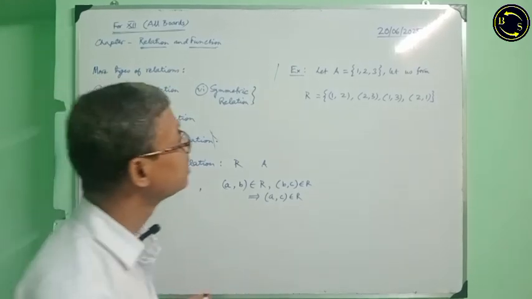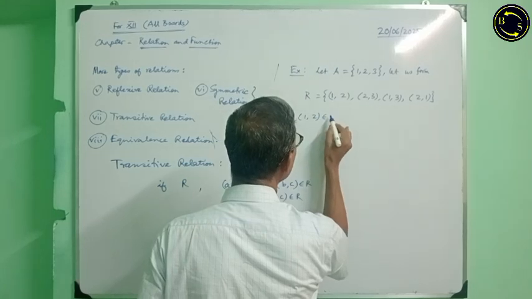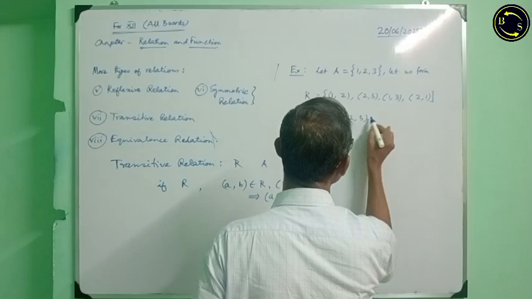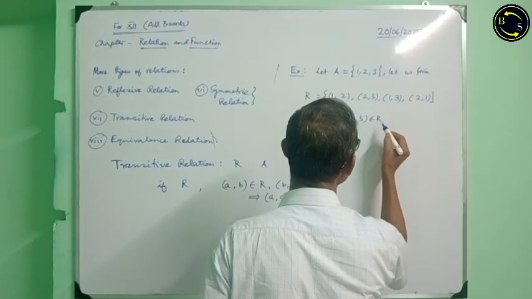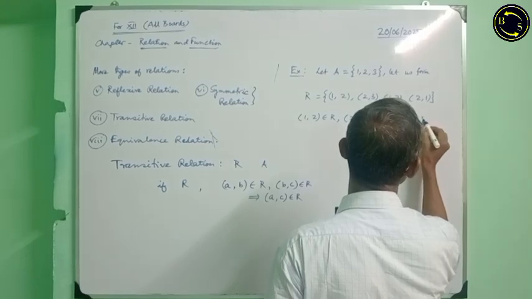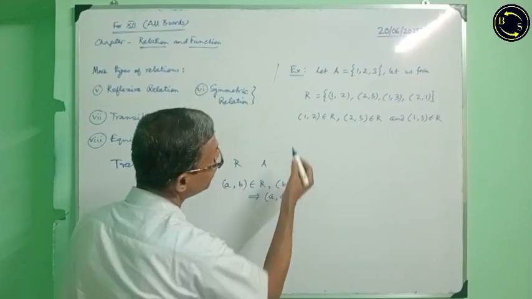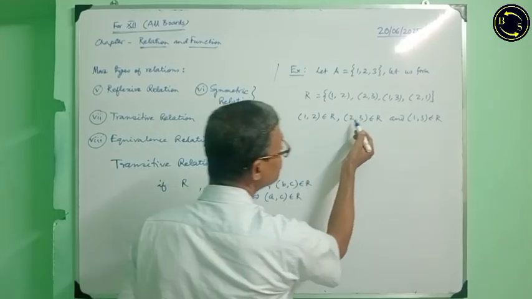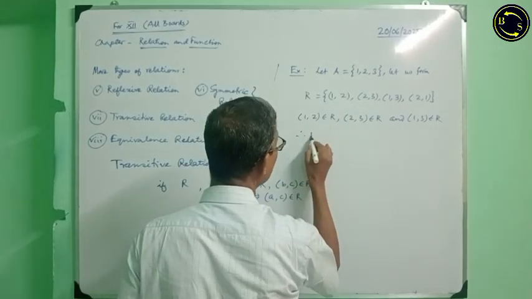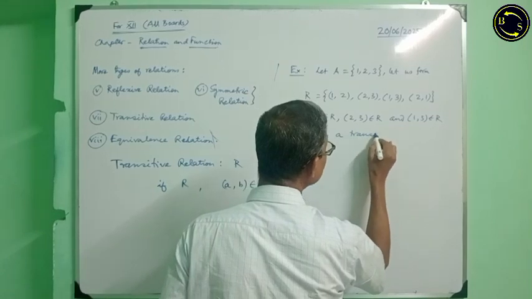Follow this relation: (1,2) is a member of the relation R, then (2,3) is also there, and (1,3) is also a member of R. (a,b) member of R, (b,c) member of R, then (a,c) is a member of R. Therefore, R is a transitive relation.